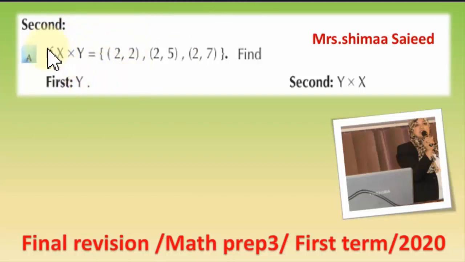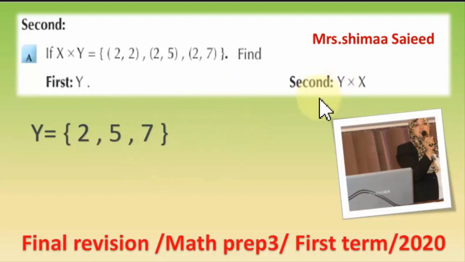In the Cartesian product in front of us, the first set is x, and therefore the first projection of each ordered pair belongs to x. So x equals {2} and y equals {2, 5, 7}. The second projection expresses the elements of the y set.